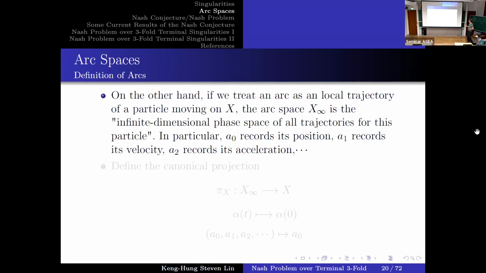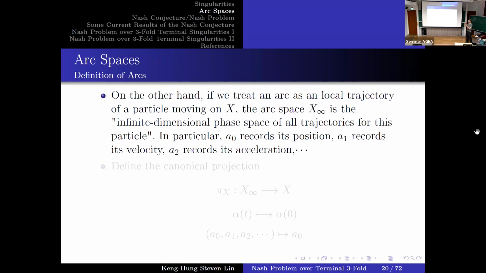Okay. And actually, the arc space has existed as a concept in physics for a long time. If you notice carefully, you can think that X is a space that a particle will move along by some patterns.